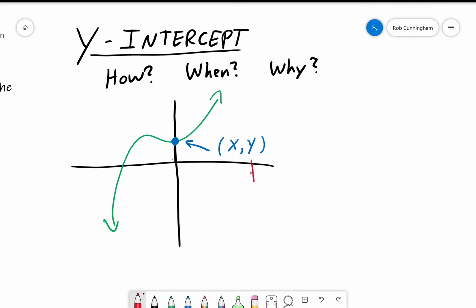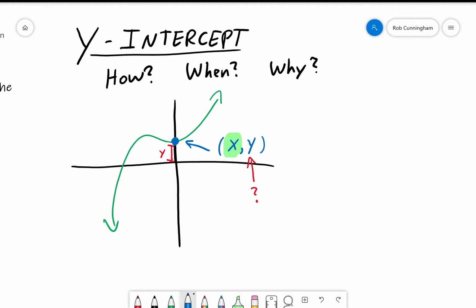Now, we don't know what this y is, right? We don't know this distance here between the origin and the y-intercept. But what we absolutely 100% do know is what the x value is of that point.